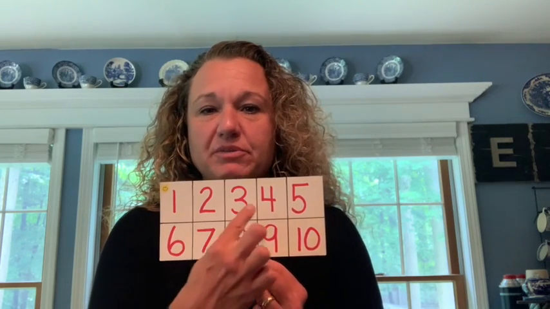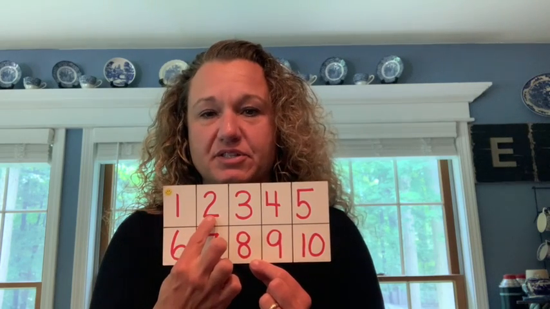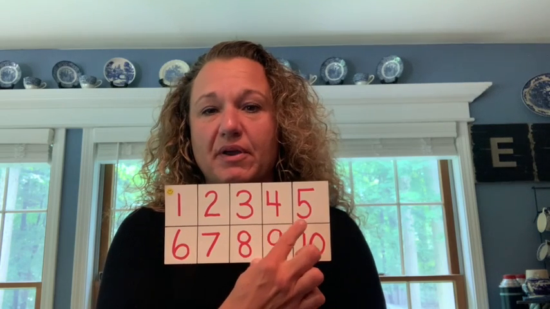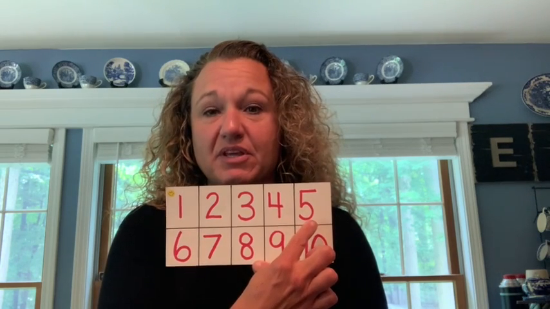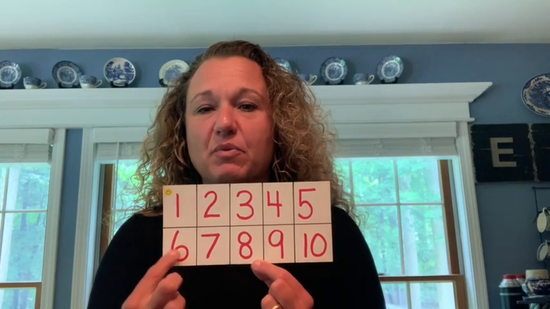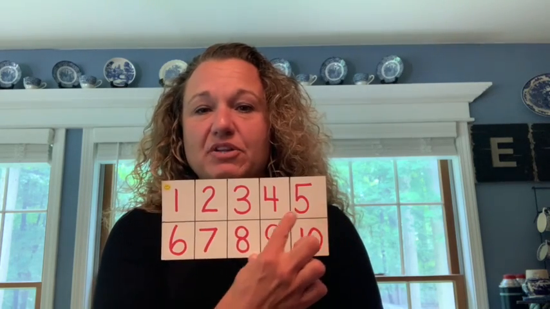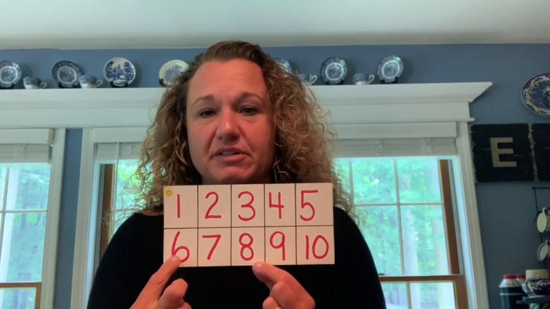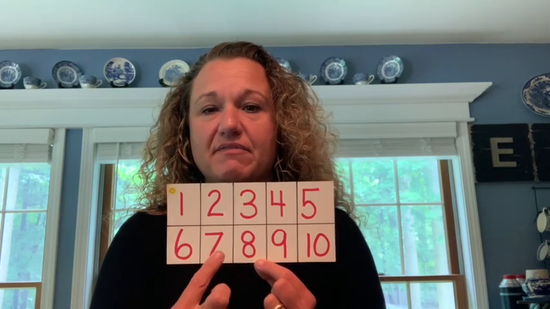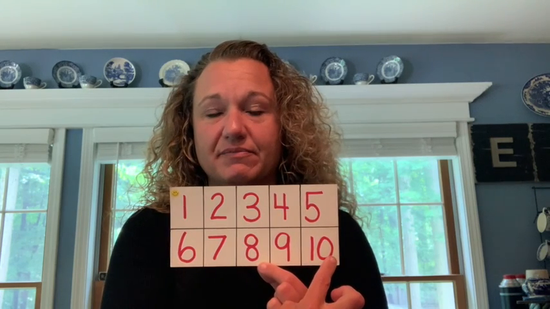Now, once you count to 5, so once you go 1, 2, 3, 4, 5, your number 6 always goes underneath where the 1 is. So you go from 5 and you go all the way back over here to where your number 1 is, and you go 6, 7, 8, 9, and 10.